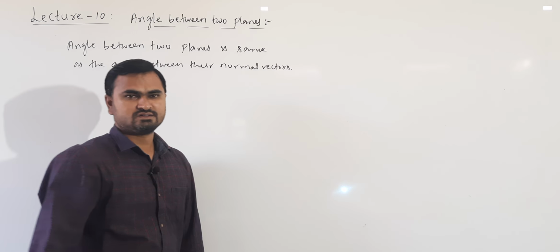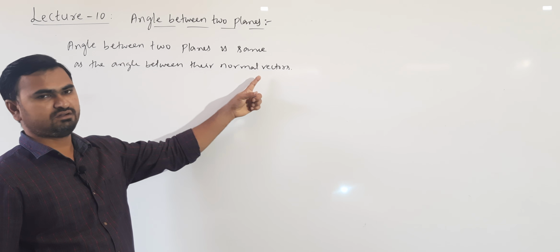Here the concept is: the angle between two planes is the same as the angle between their normal vectors. So this is the concept we are going to use to find the angle between two planes, which will be the same as the angle between their normal vectors.